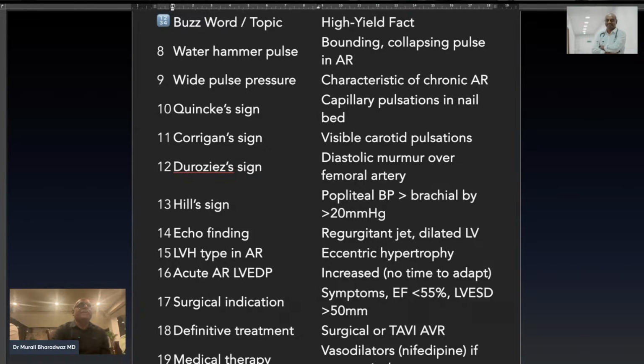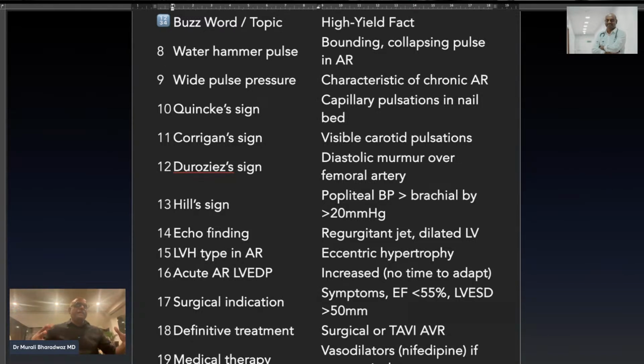Think of pipes going to your hands and pipes going to your legs. The pipes of the legs are longer, wider, like a big highway. When the heart pumps harder, the pressure wave travels further and builds up more energy as it moves along, like water speeding up in a downhill pipe.